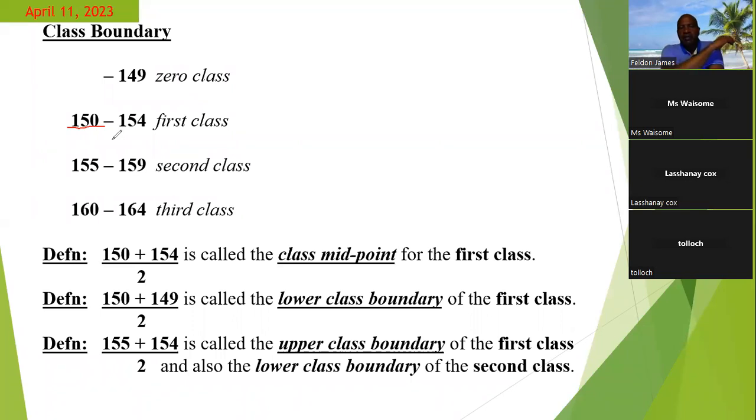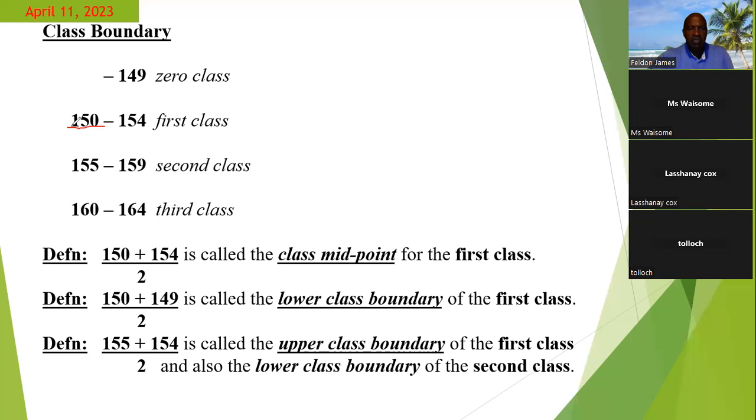Now, how would we do that? We would have to imagine that there was a class before the first class. And if there was a class before the first class, then we would also have to imagine what the upper limit of that class would be. So we can just look at the trend or the pattern of the numbers.